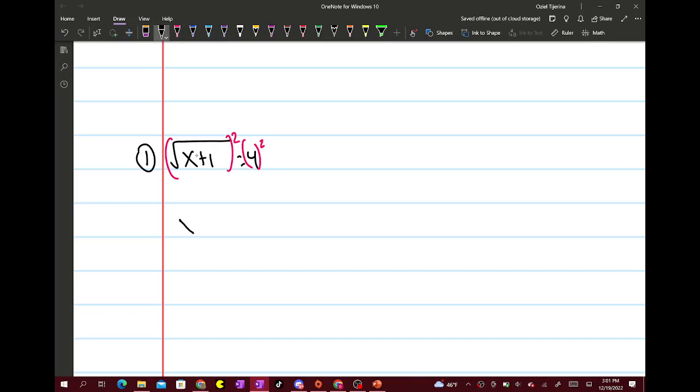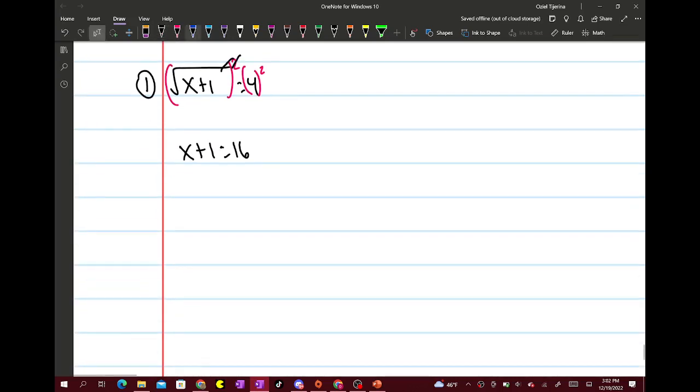So this would be x plus 1, because when you square it, the square root cancels out, and this is equal to 16. Then all you have to do is subtract 1 on both sides, and you get x equals 15, right?